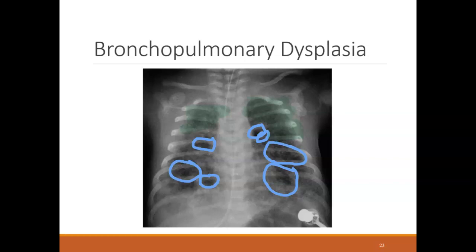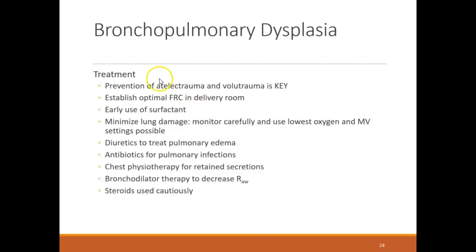Okay. So our goals with treating these patients on the ventilator is to prevent any atelectrauma or volutrauma or any further injury of that kind. So we want to establish a good inflation level to the lungs, or an FRC, in the delivery room.